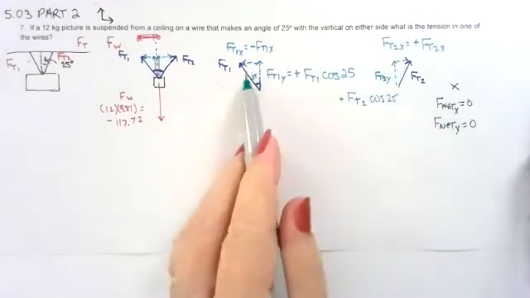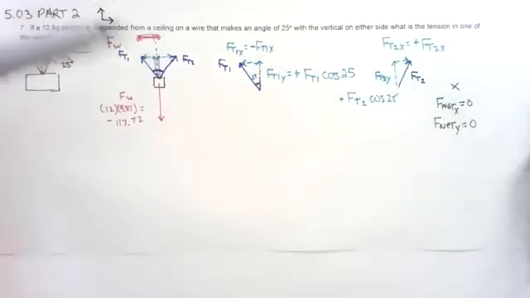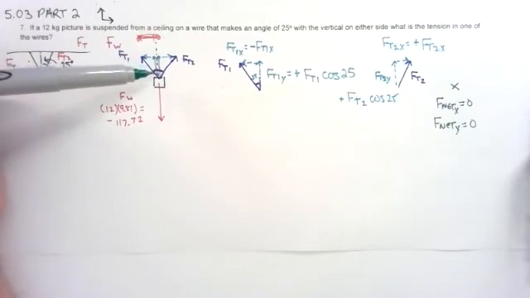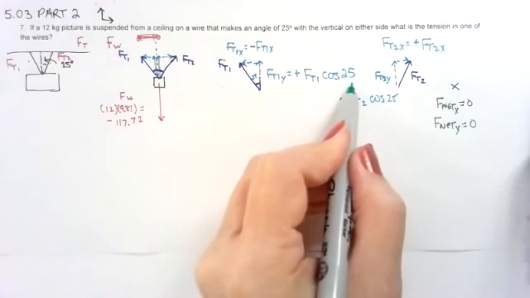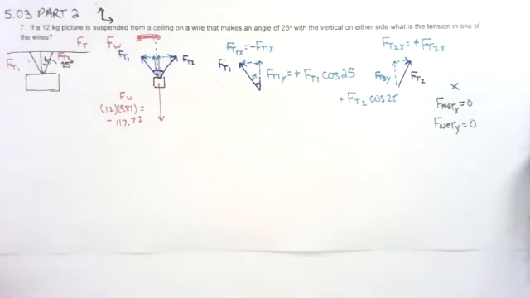Well, you can see these are going to be equal and opposite. These are my only two horizontal. So that means this weight vector has to be equal and opposite to these two FTY vectors. So to solve for tension, I can bring this and this plus that, and know it has to equal 0.